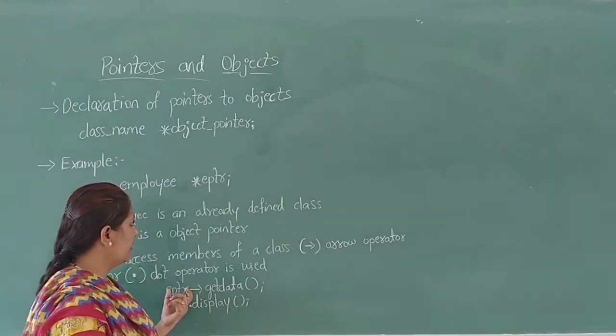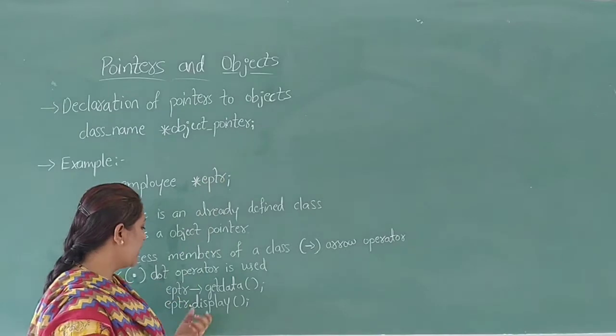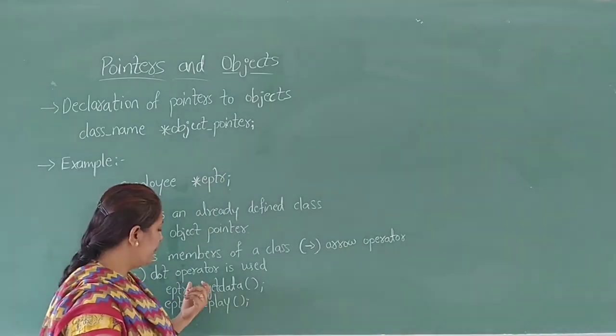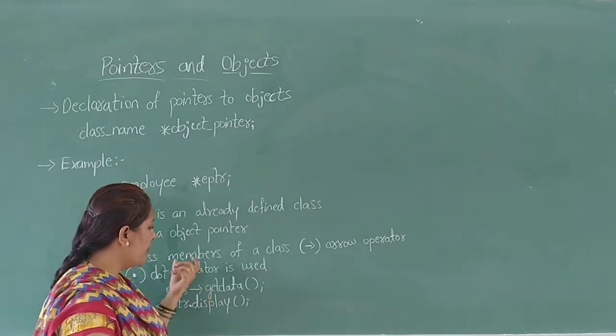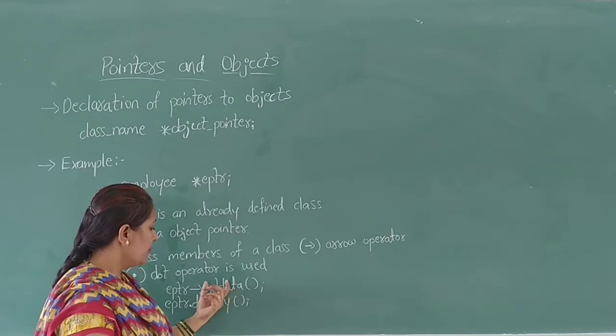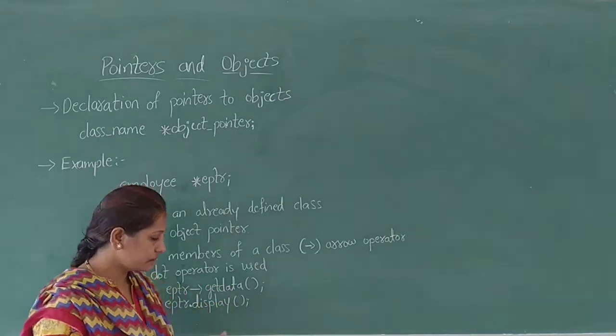Here EPTR is an object pointer and the arrow mark is an arrow operator which accesses the values of members of a class and which are used in the member function get data.